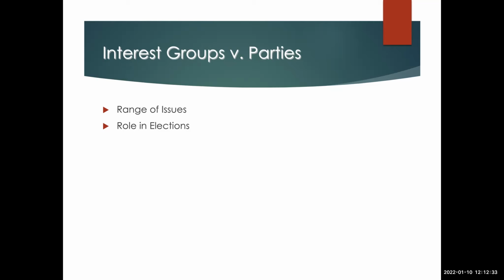They get their members to go out and vote, but they do not have their own candidates. There is no NRA candidate for president. There is a candidate for president that the NRA prefers, but he is not running on a ballot with the words National Rifle Association after his name. Okay, so that's the big difference between interest groups and parties.